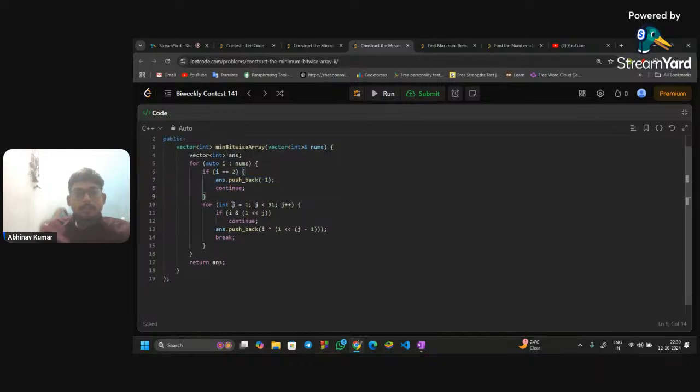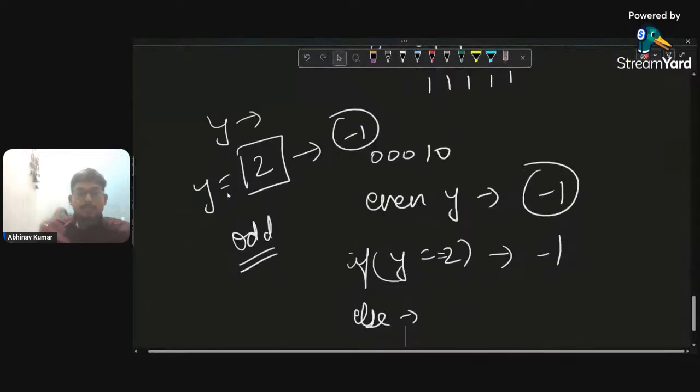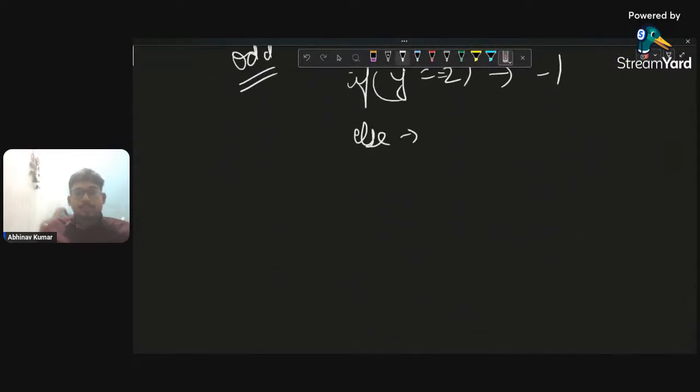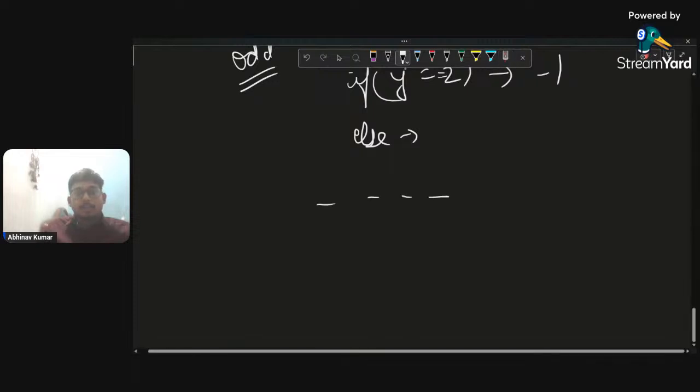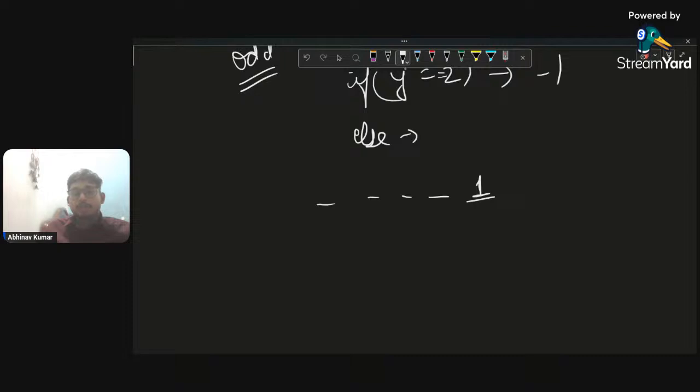Continue. For all other cases, I'm going to every bit. I know all the other numbers are odd, so the 0th bit is going to be 1 for all the odd numbers. For any odd number, the least significant bit is going to be 1. If I have to get the bits from least significant to most significant, if you have studied bit manipulation, we take a j.